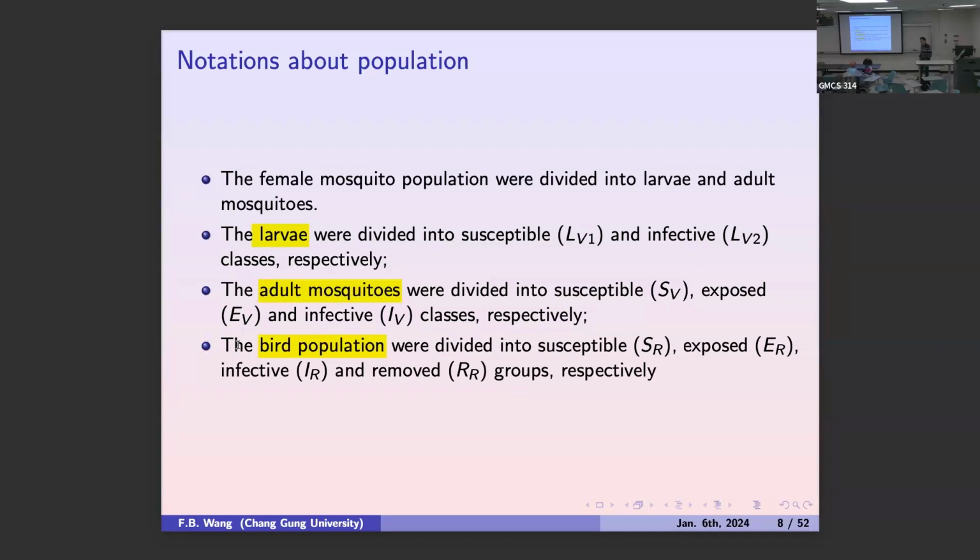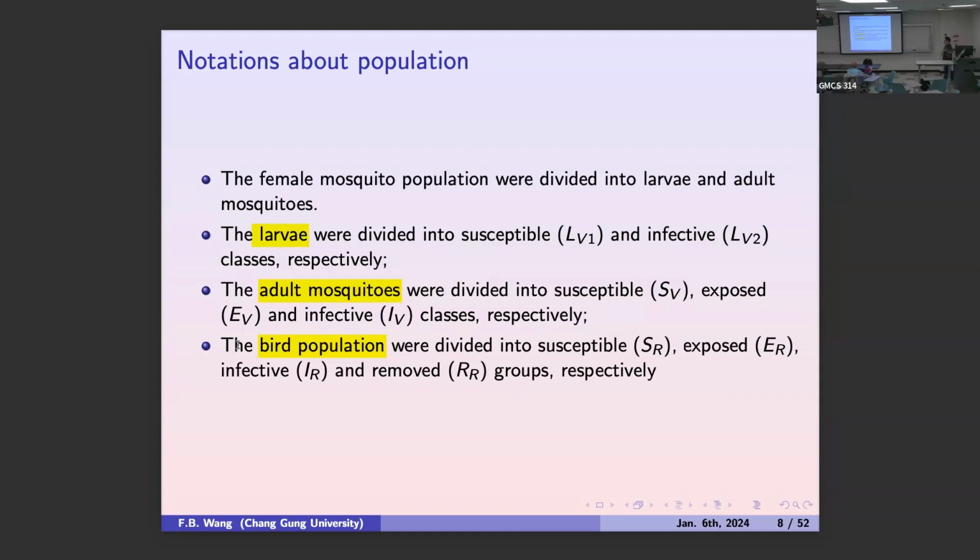Sometimes exposed mosquitoes also have the ability to infect other individuals. That's possible, maybe, but for my project I assume they cannot. Otherwise, it would be very complicated.